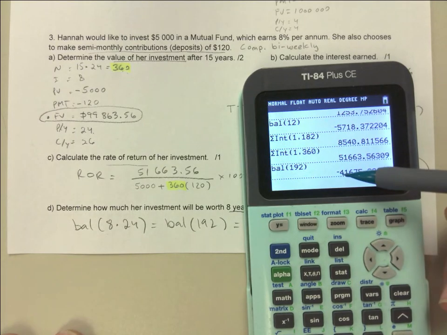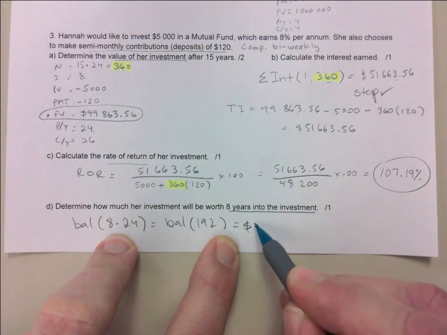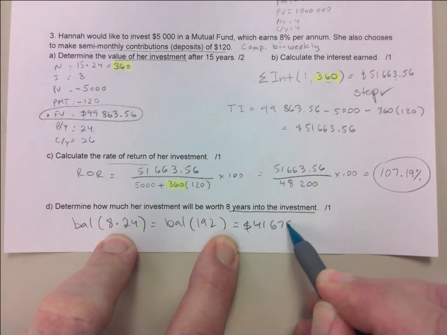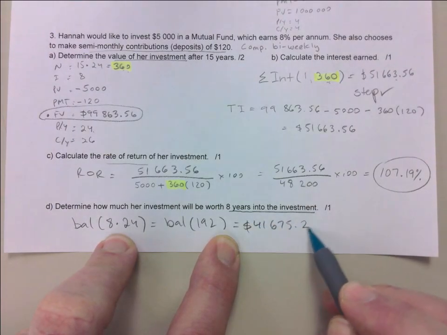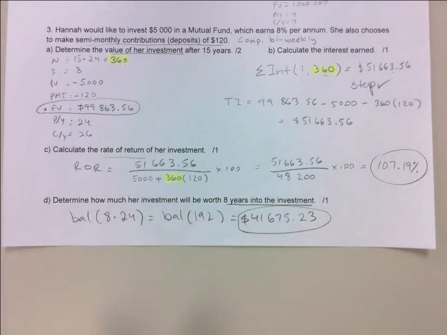Wait a minute, it's negative, Mr. Dirksen. Is that okay? I feel like it's wrong. The bank has it, right? It's away from you. So negative is okay. I'm just not going to bother writing it down because it's for TVM solver purposes, for the flow of cash. There we go.